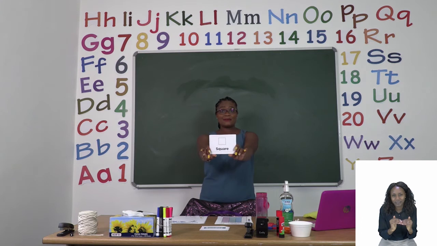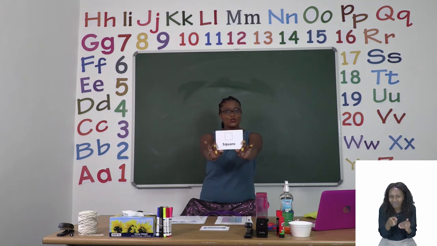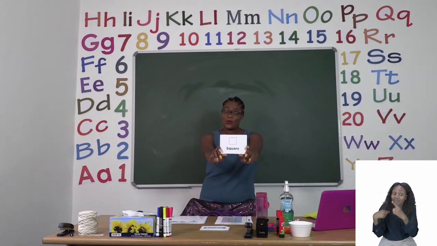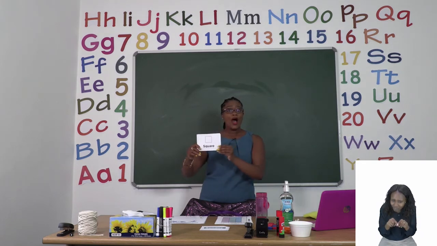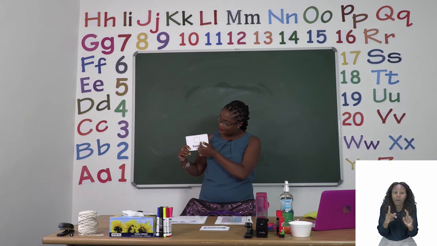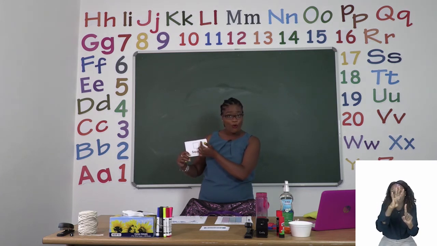The next one is something that we also see and know. This is a square. Everybody, let's say square. Now the square has how many sides? Let's take a look. 1, 2, 3, 4.